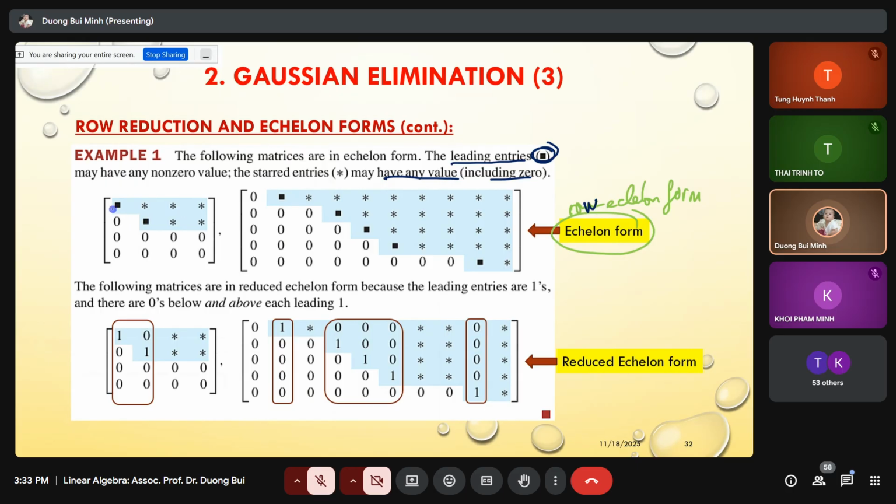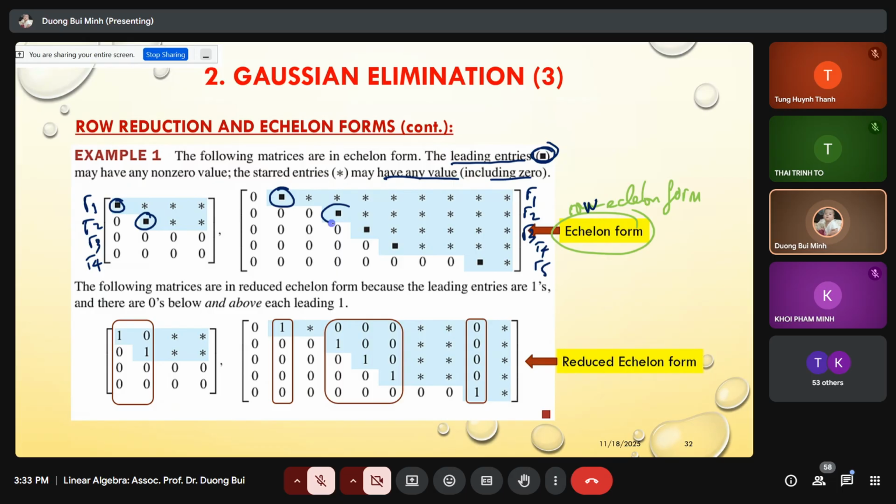So if you consider this one, the leading entries are in the first row, R2, R3, R4. This is the leading entry of R1. This is the leading entry of R2. And here, this is 0, so we don't have leading entries for R3 and R4. This is 0, so it cannot be a leading entry. So here is the leading entry of row 1, row 2, row 3, row 4, row 5.